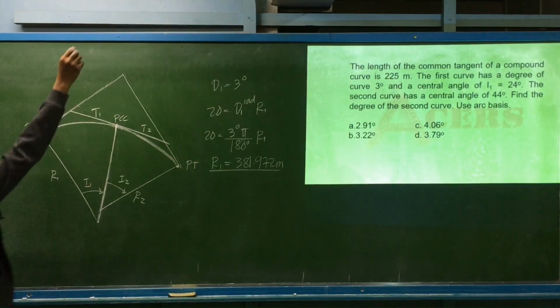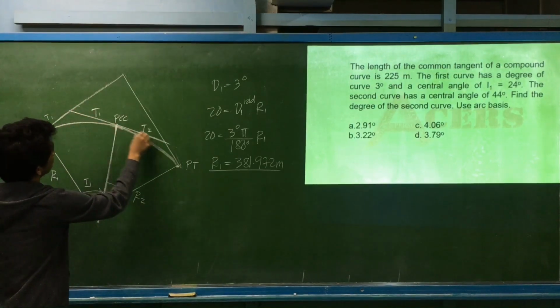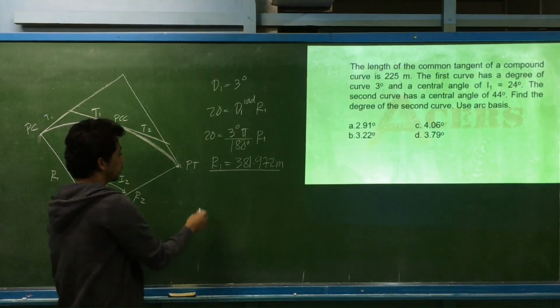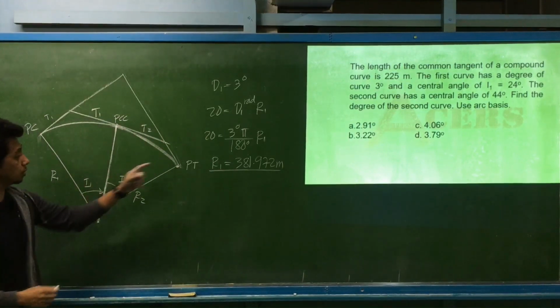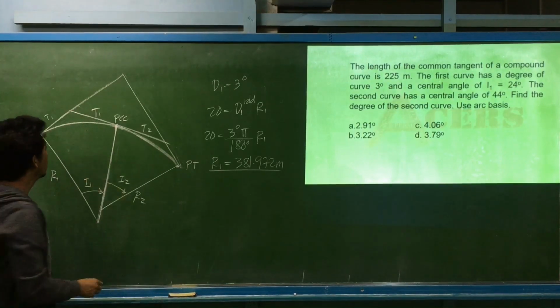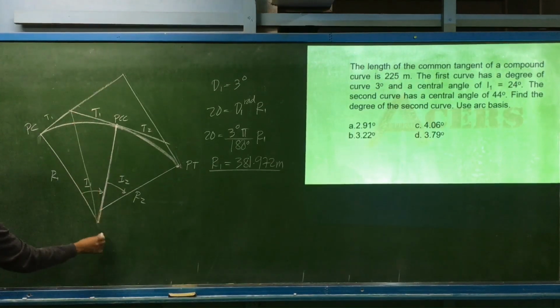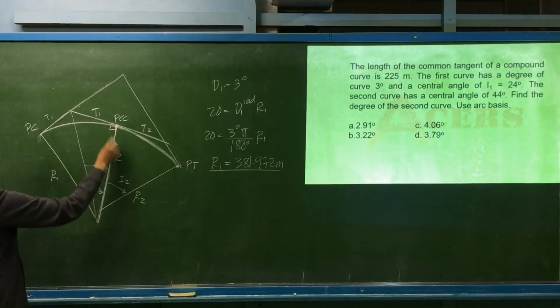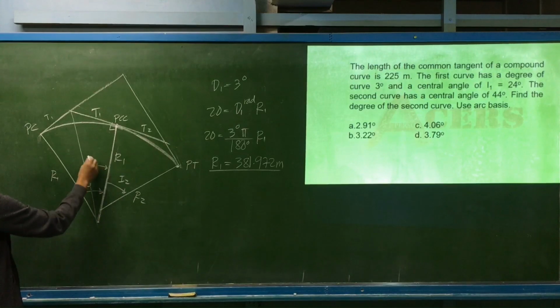So given dito, yung tangent 1 plus tangent 2, or that is the common tangent. So ang purpose ko kung bakit kinuha yung R1 is para makuha yung tangent ng first curve. Paano kuha ng tangent? So huwag niyo kalimutan na right angle yung radius and tangent. Right angle sila. This is I sub 1 over 2.